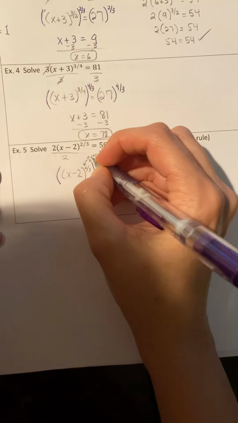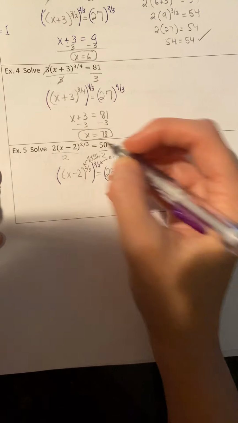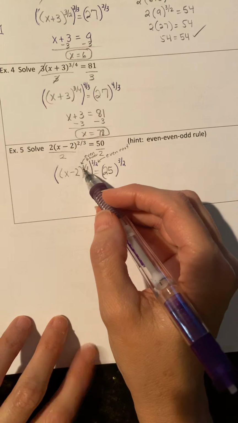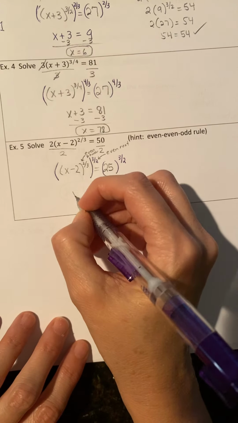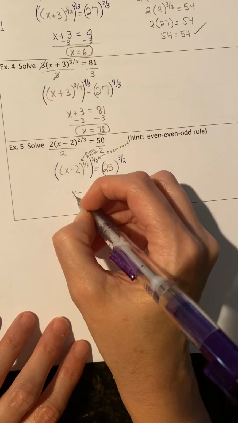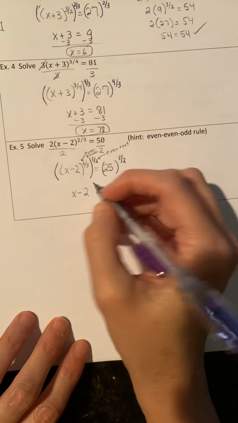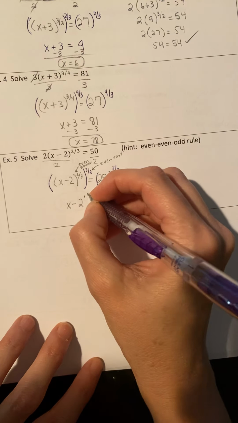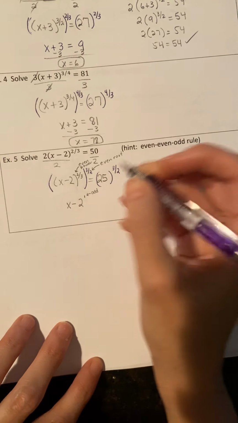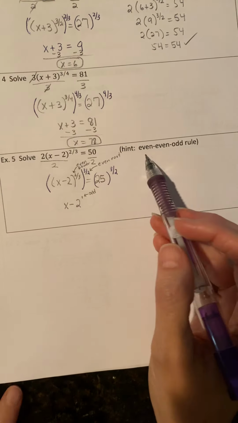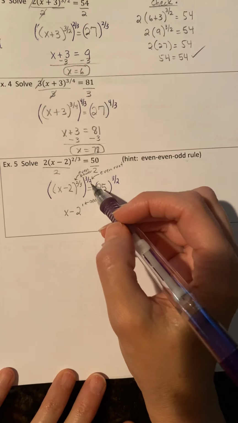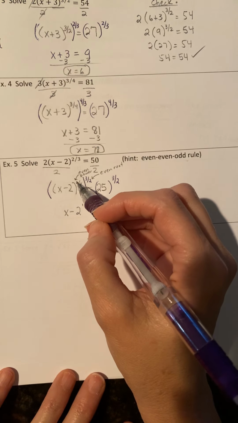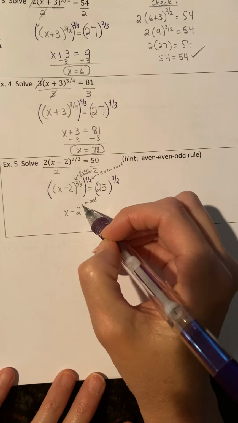Even power. And then when I do that math, remember everything cancels or multiplies, you get a 1, which is an odd power. X minus 2 raised to the 1. Okay, so what happened here is the even, odd rule. I took an even root of what was an even power, and I got an odd power result.